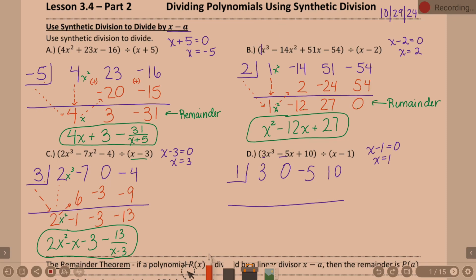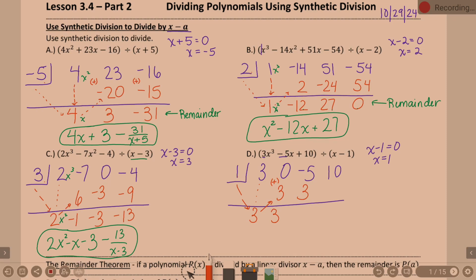And first step is to drop the 3 and multiply 1 times 3, right? 1 times 3 is 3. And then you're going to add. 0 plus 3 is 3. And then I'm going to multiply the original 1 times 3, which is 3.